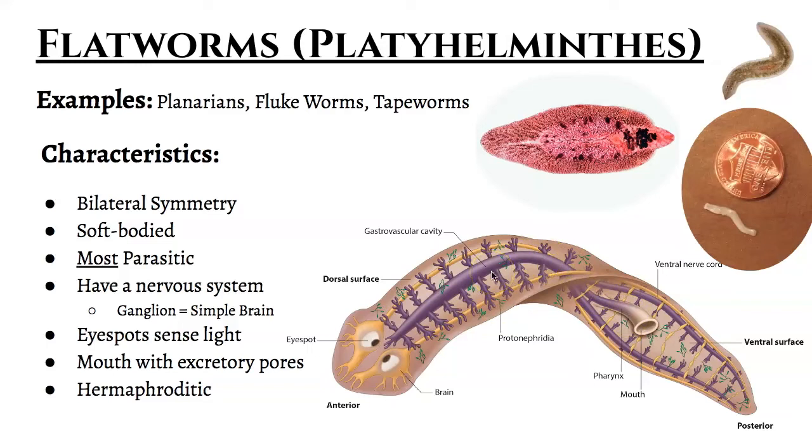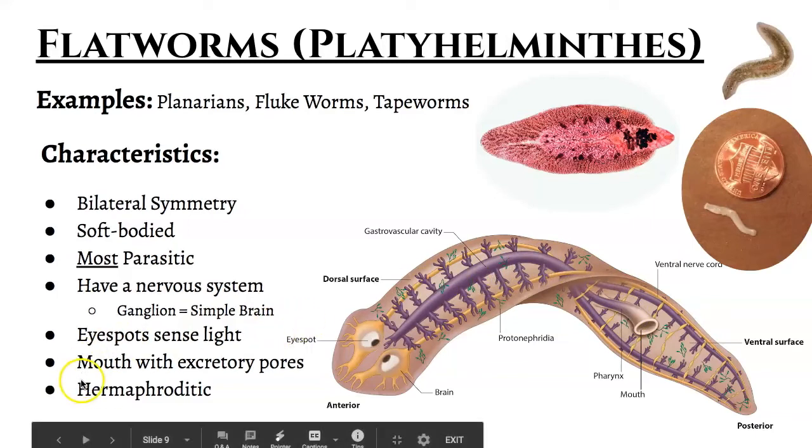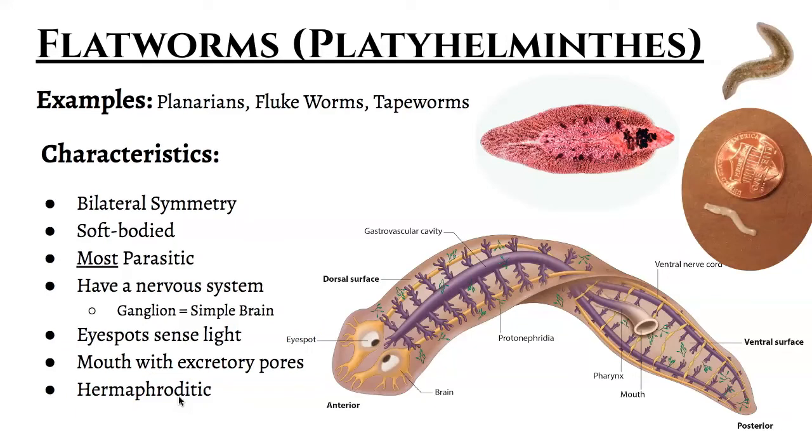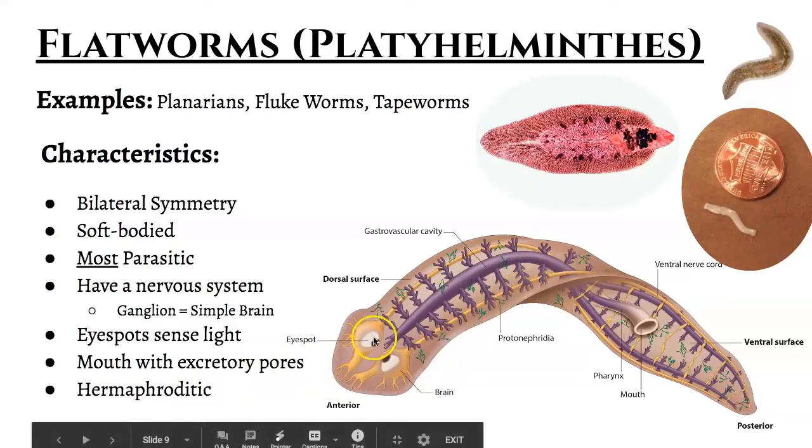Another unique, weird thing about these flatworms is that they are what's known as hermaphroditic. What this means is that they can reproduce sexually, and when they do, they are going to have both the male and the female reproductive organs for their species.